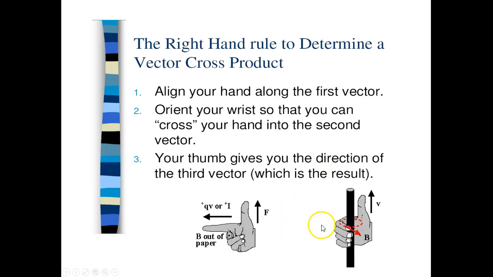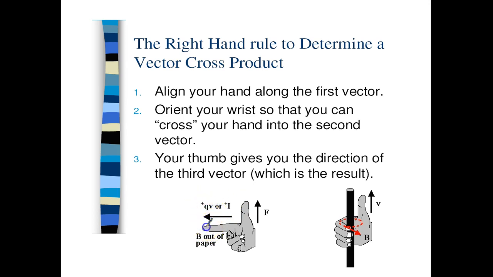There's a couple of different ways you can do this. We can align our hand along the first vector. We orient our wrist so that you can cross your hand into the second vector. Your thumb gives you the direction of the third vector. So that's one way to do it. I really like the one here that gives us the force. So we're going to use either, if we have current, that'll be our index finger, or velocity.